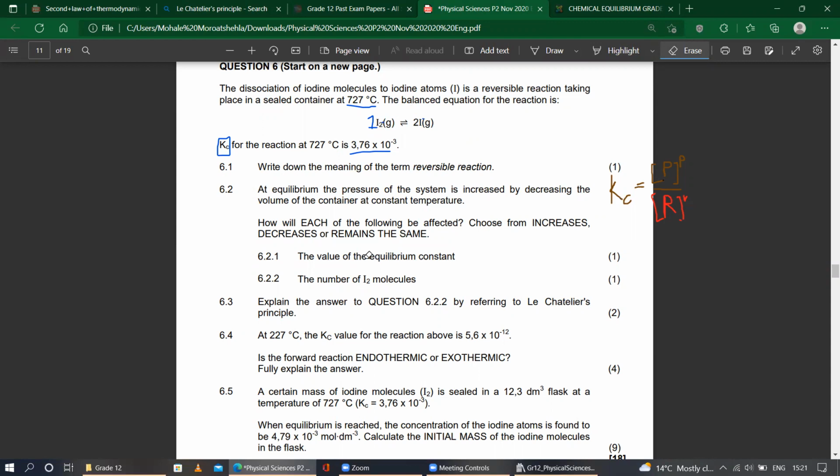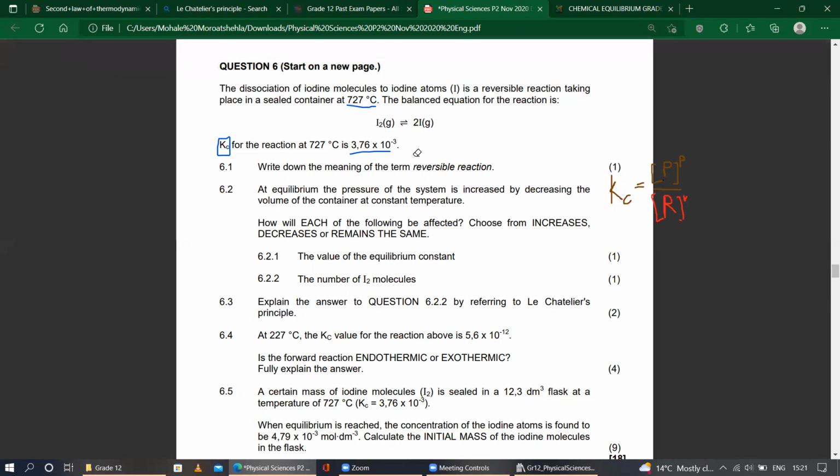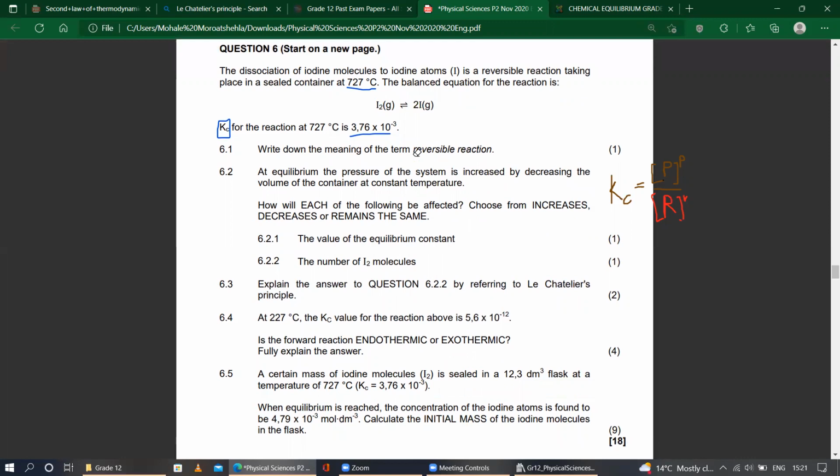You just tell them that when the pressure is increased, the products are converted to reactants because the products have more moles than the reactants. So does the concentration increase?